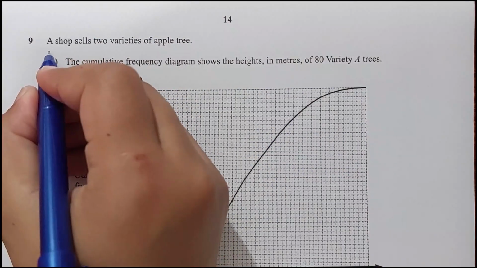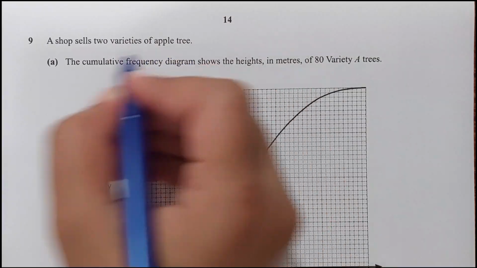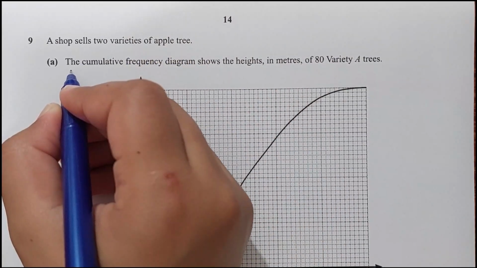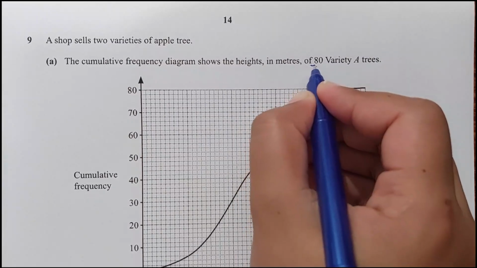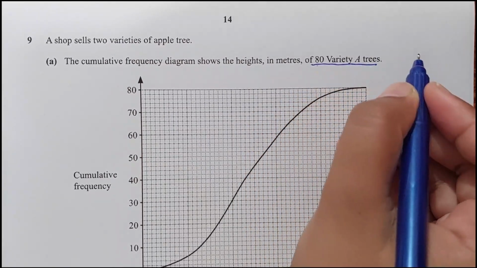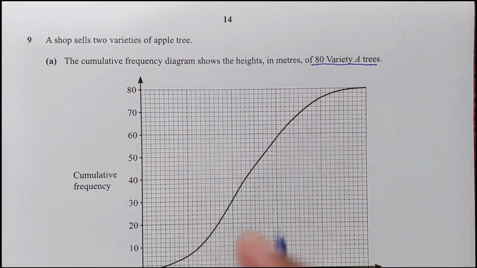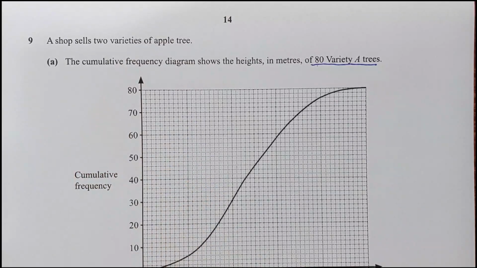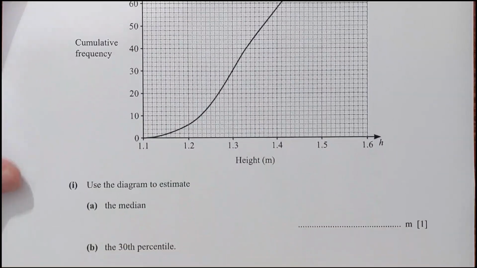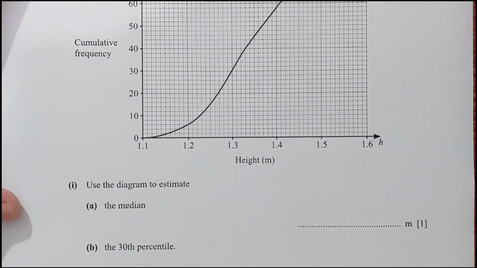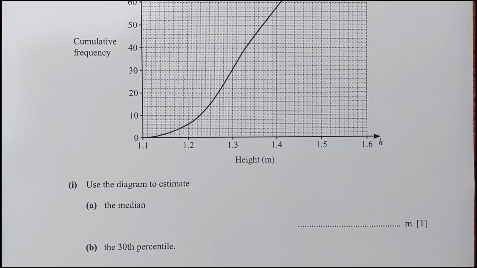Question number 9. A shop sells 2 varieties of apple tree. Variety A: the cumulative frequency diagram shows the height in meters of 80 variety A trees. Okay, cumulative frequency and the height are given. The total is 80 variety A trees. Part 1: use the diagram to estimate the median.